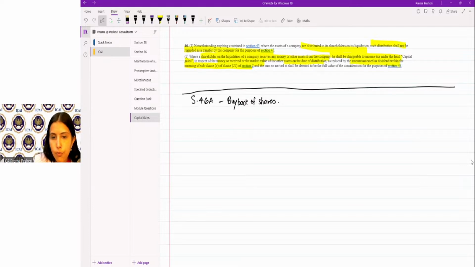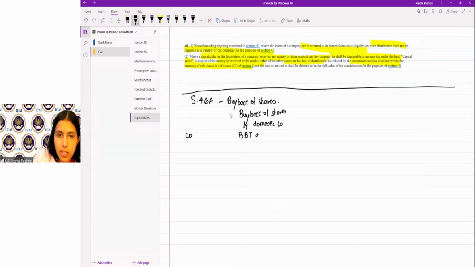So in case of buyback of shares by the domestic company, in the hands of the company there is additional income tax, or the buyback tax, at the rate of 23.296%.